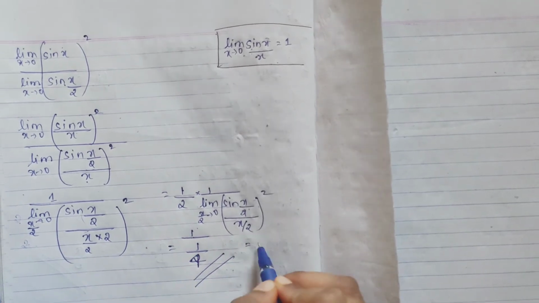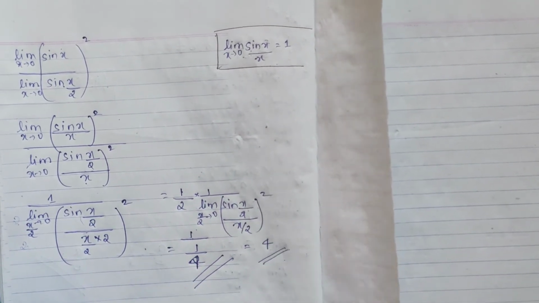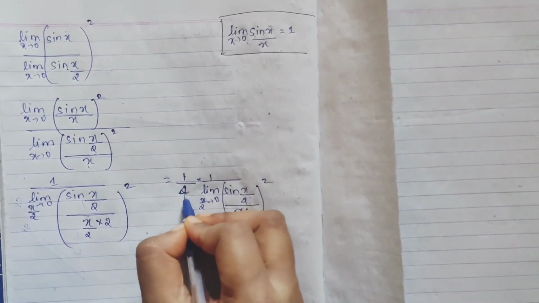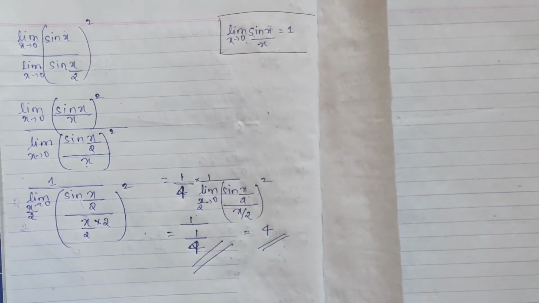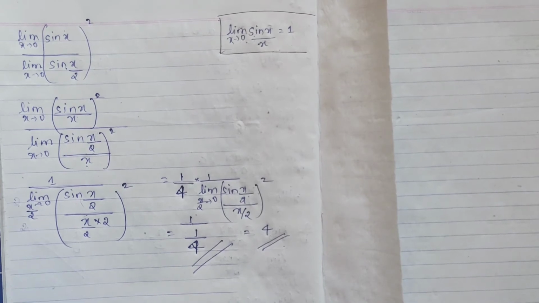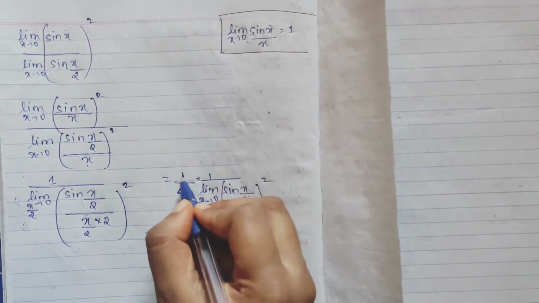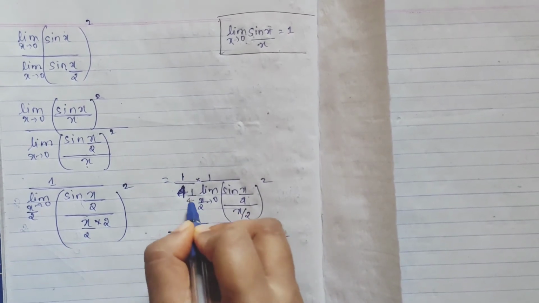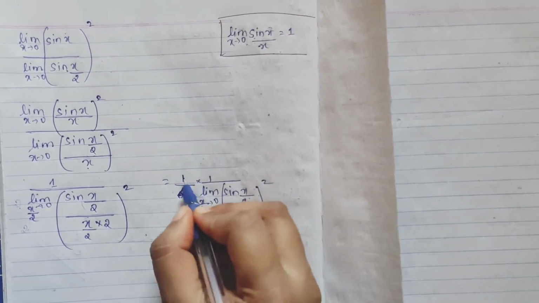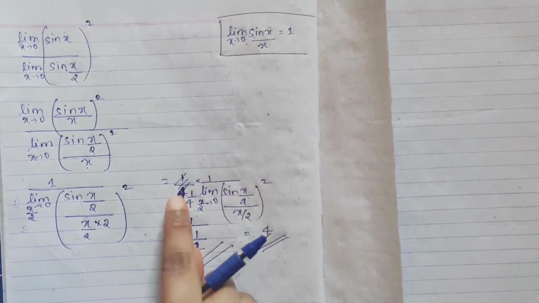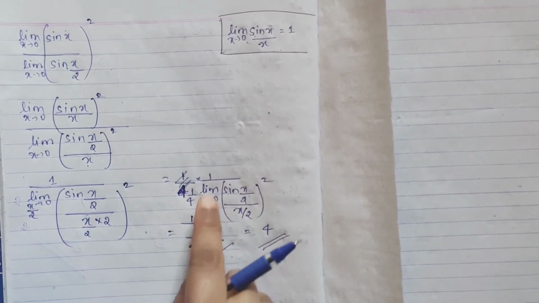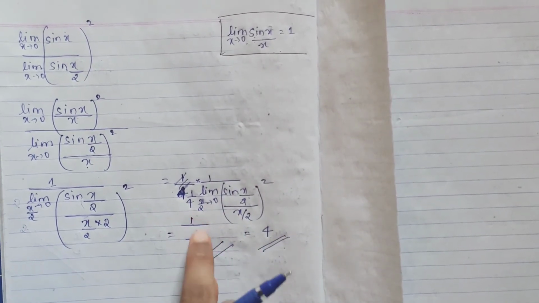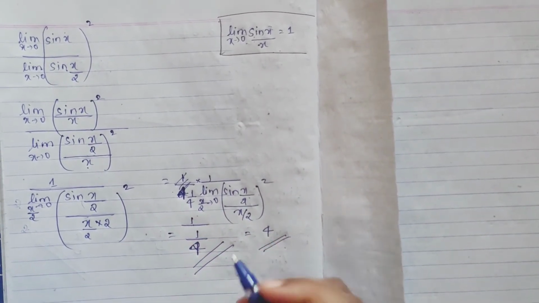So, your answer will be 4, not 1 by 4, it will be 4. Here I will write it, 1 divided by 4 it was. 1 divided by 1 by 4, limit x by 2, sin x by 2 by x by 2 square, your 1 is there, 1 by 4, this is nothing but your 1, and 1 divided by 1 by 4 is nothing but 4.